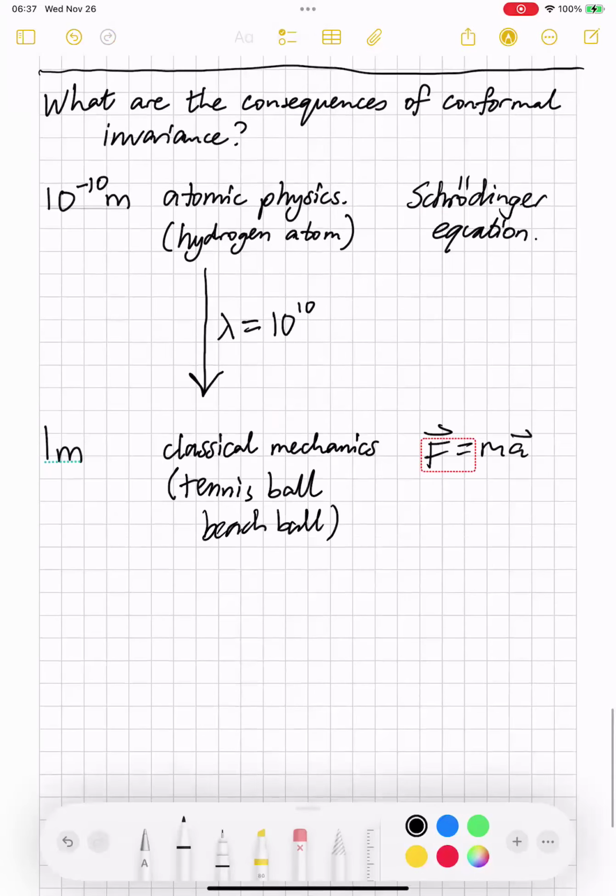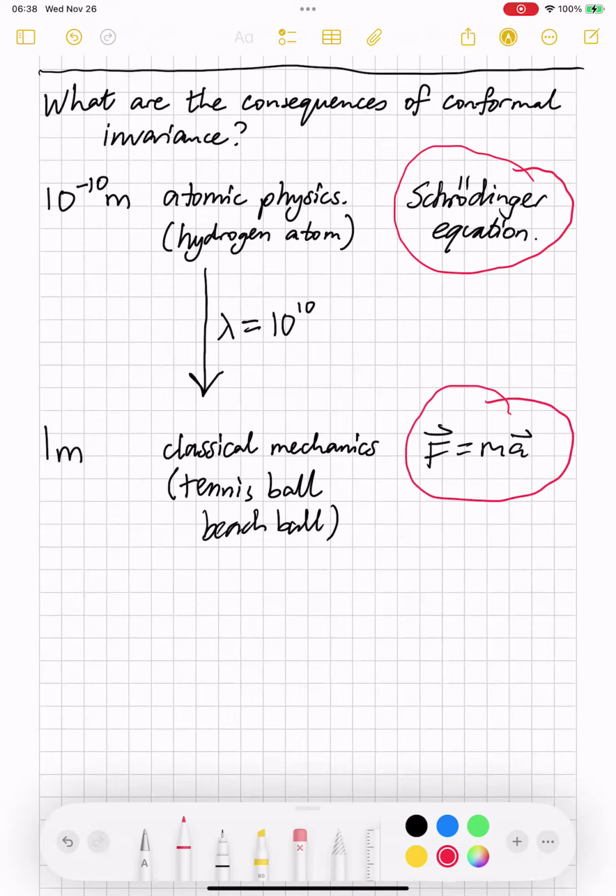If scale invariance really was a symmetry of nature, we should be able to zoom in and zoom out, and the laws of physics would remain unchanged. But here we've zoomed in, we've given an enormous magnification, and we know very well that the physics of the Schrödinger equation, the physics predicted by quantum mechanics, is very, very different to the physics predicted by Newton's law, classical mechanics.